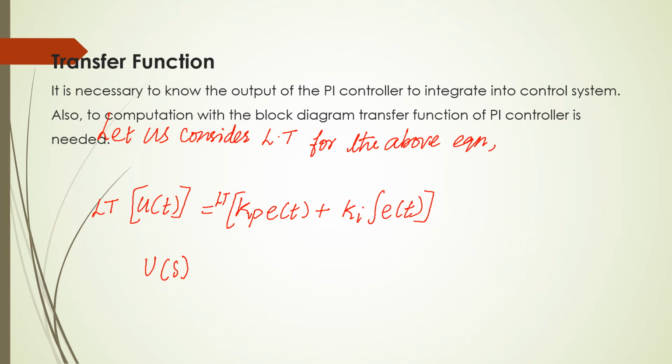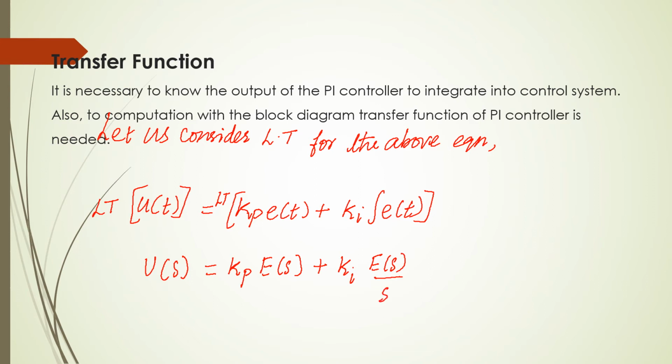So U(s) is equal to, you won't be doing anything with the constants, Kp, then e(t) becomes E(s), plus Ki. You won't deal with the constants. Then the integral of e(t) becomes E(s) divided by s.